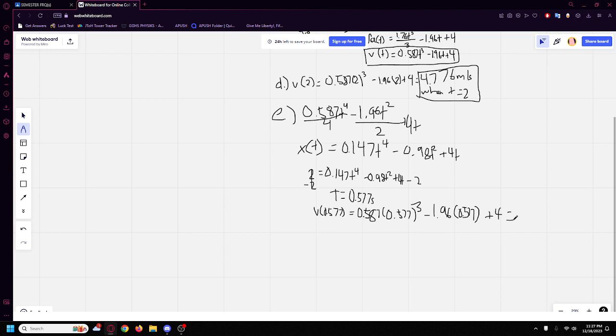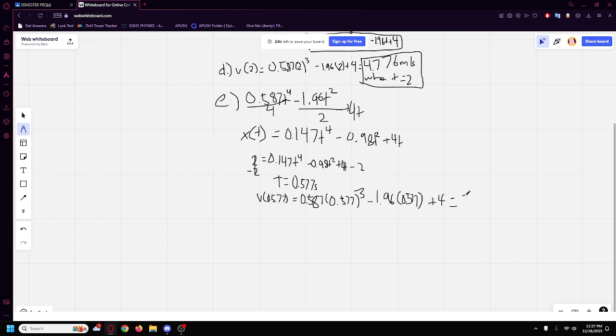And this gives you about 2.98 meters per second.